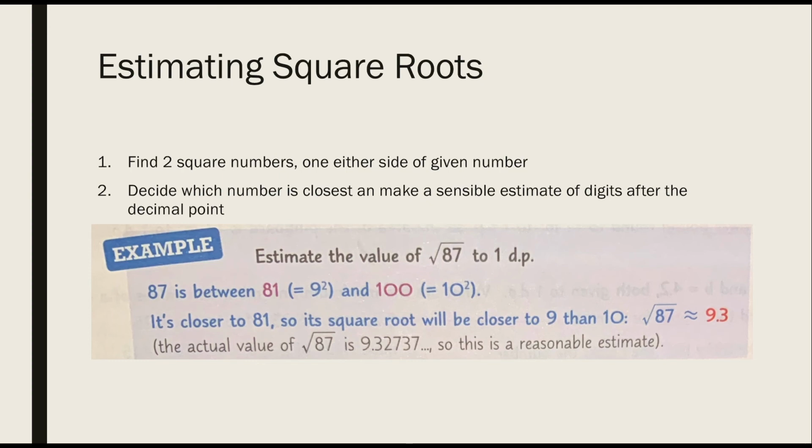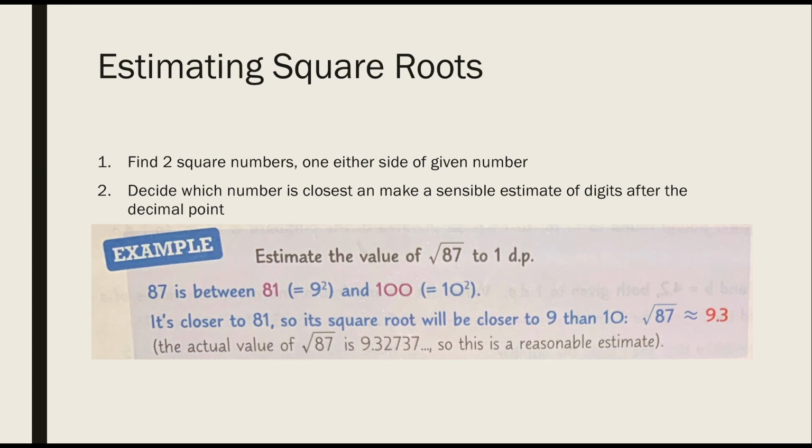So here it says, estimate the value of square root 87 to one decimal place. The two squares next to 87 are 81 and 100. And 87 is closer to 81 than it is to 100. Therefore, its square root would be closer to 9. So square root 87, we can approximate to be 9.3.